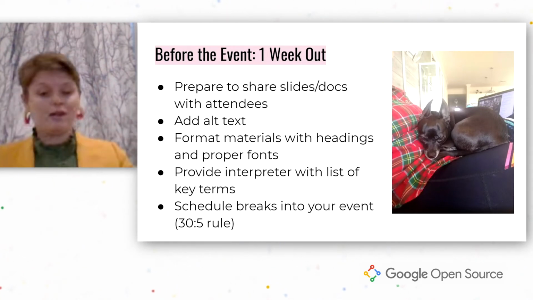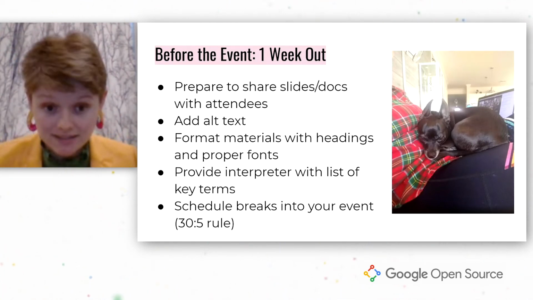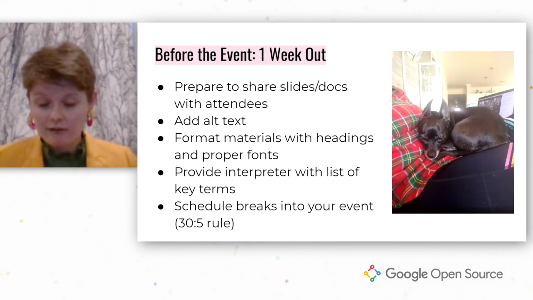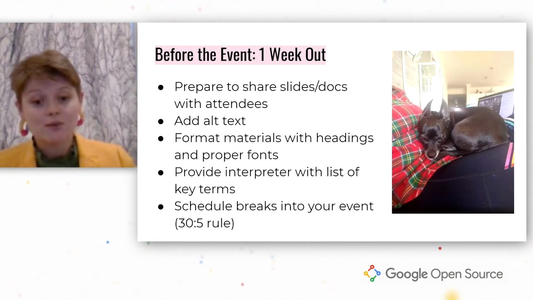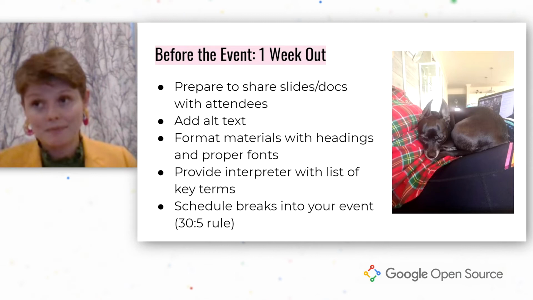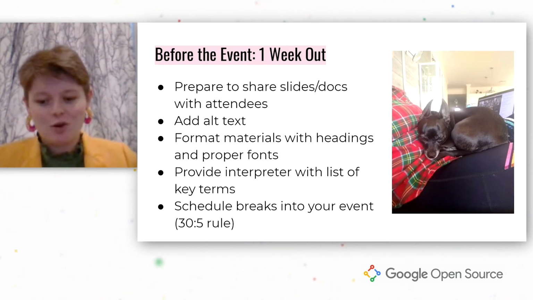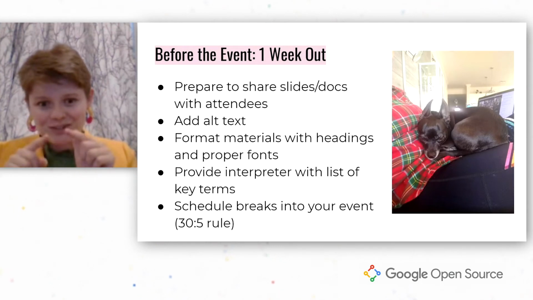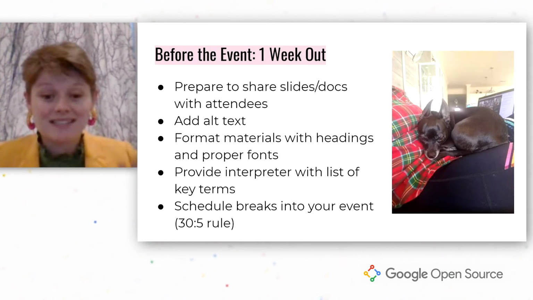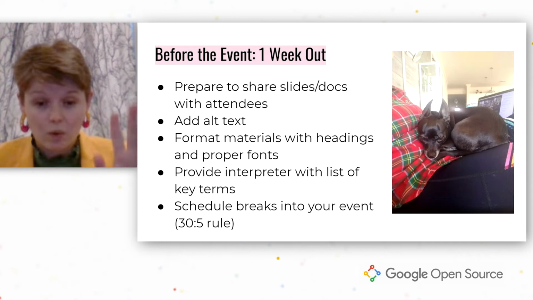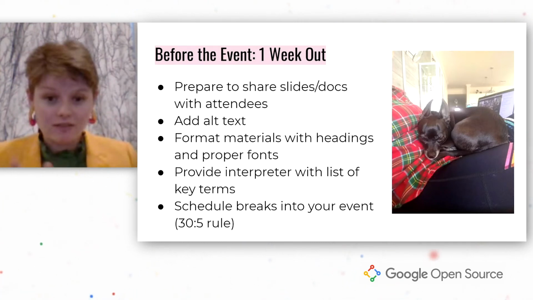And with fonts, what we want to consider is serif versus sans serif fonts. Serif fonts are fonts like Times New Roman or Gothic that have those little lines at the edge of each part of the letter. Sans serif fonts would be fonts like the ones on this slide that don't have any of those little lines.